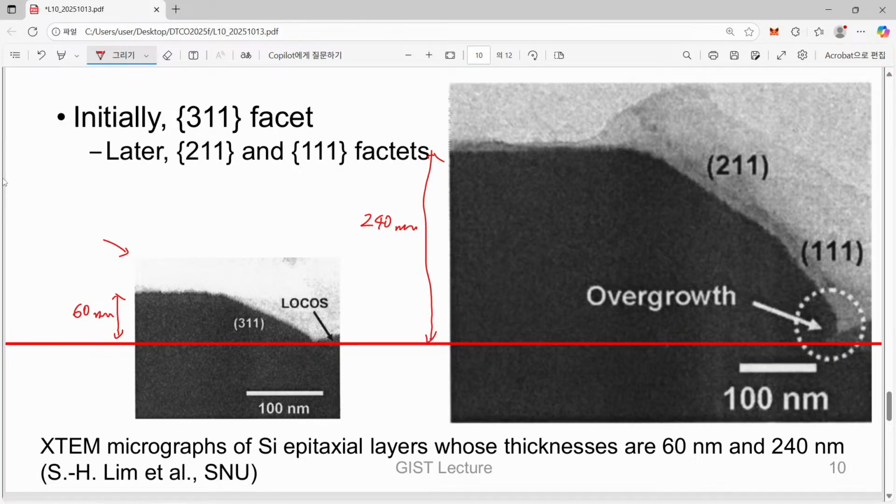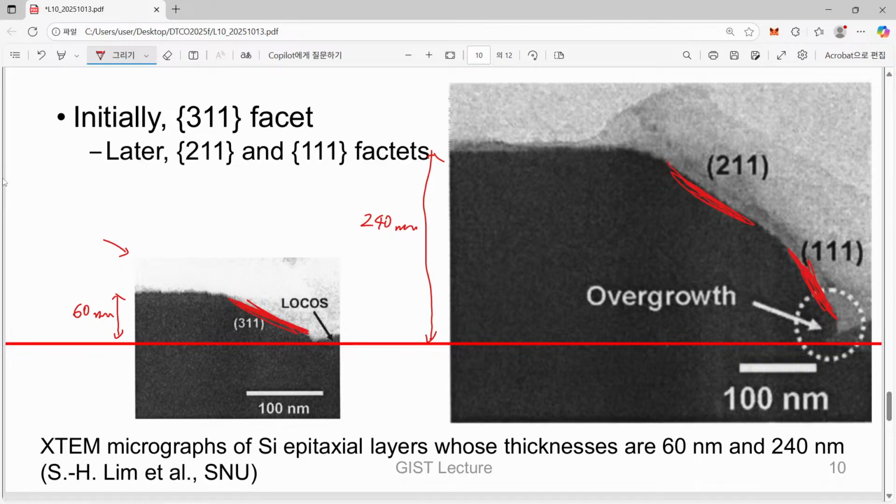At the beginning, in this initial phase, what you can see clearly is this slope. And later, as time elapses, you cannot find this relatively low angle slope any further, but you can see one much steeper, and also moderately steeper.